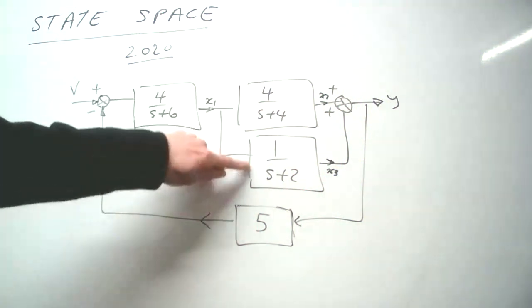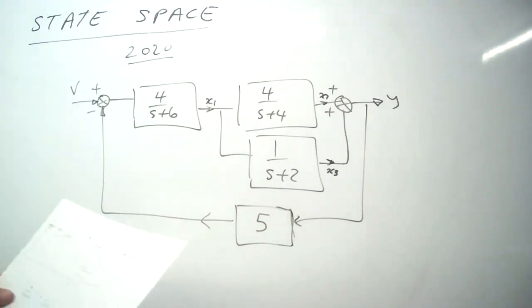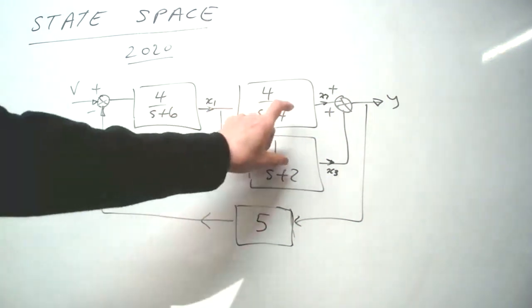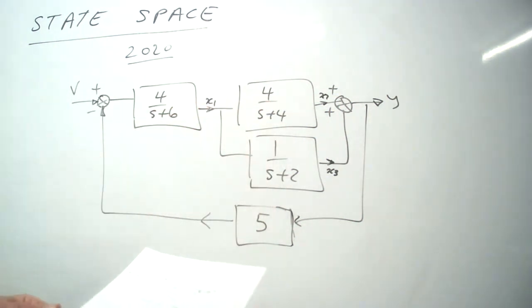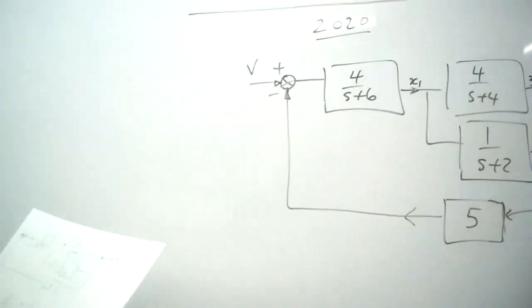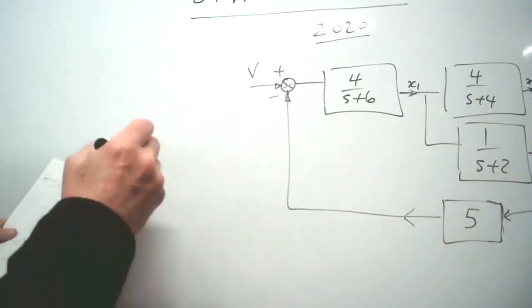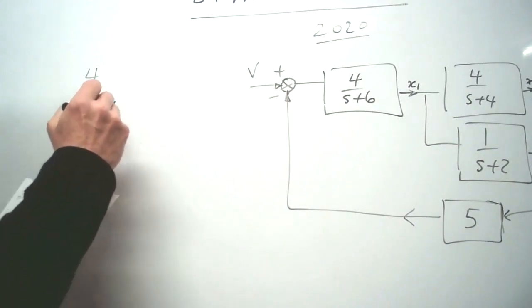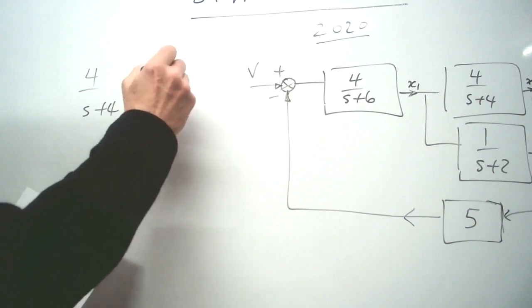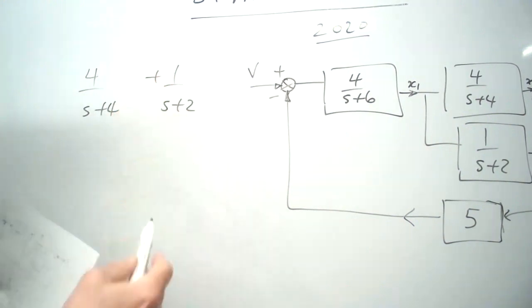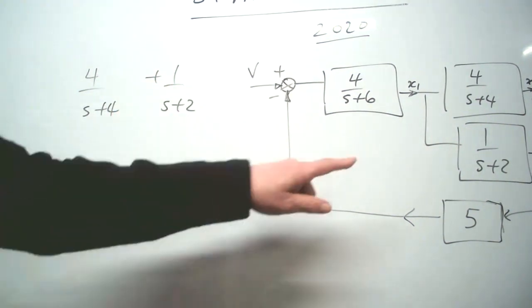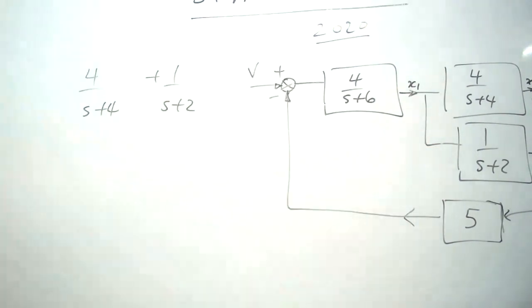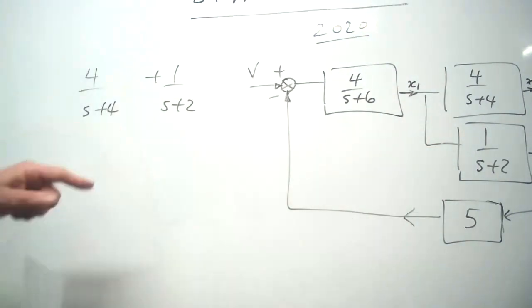So the first thing we do is take these two blocks here and simplify those. Because they're in parallel, you add them together. So it's going to be 4 over s plus 4 plus 1 over s plus 2. These two now get added together to get the answer.